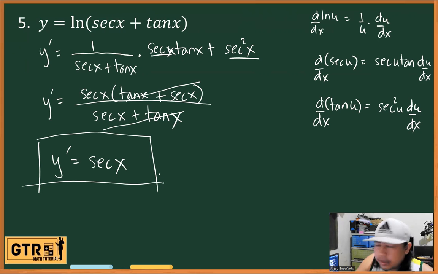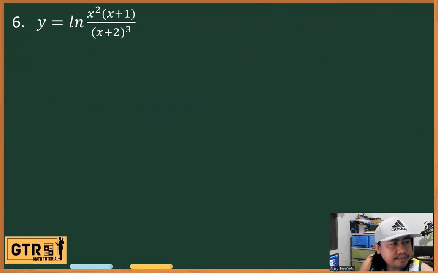So next, number 6. y equals ln of x squared times x plus 1 over x plus 2 cubed. For this, we can apply the laws of logarithms. If we have a product, just distribute the ln, and that is positive. If we have a denominator, it is negative.